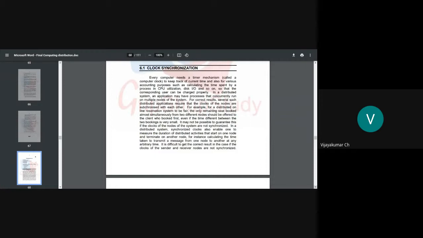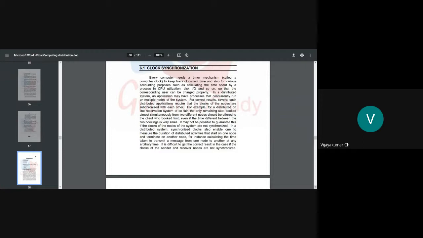For correct results, several such distributed applications require that the clocks of the nodes are synchronized with each other. So, for maintaining correctness, the applications require the clock mechanism.